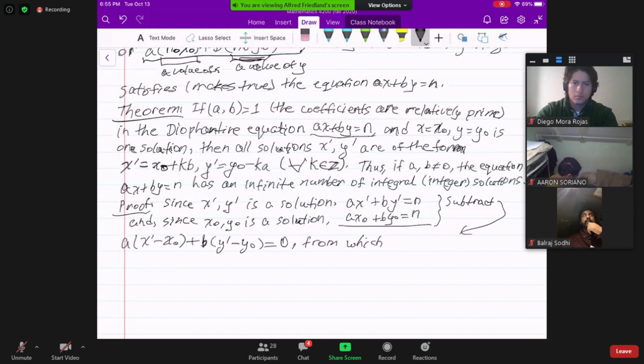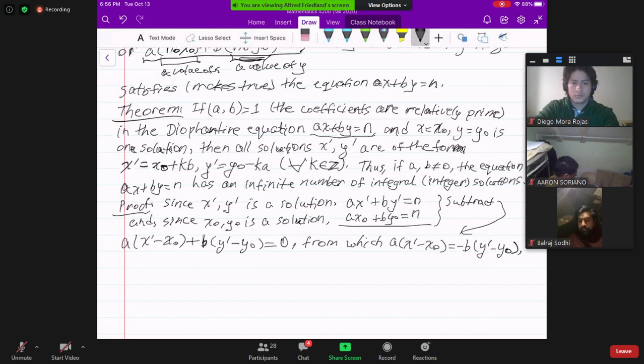And let's write that as a times x prime minus x sub 0 equals negative b. Put the second term there on the right side. And the right side so far is 0, so it'll be negative b times y prime minus y sub 0.